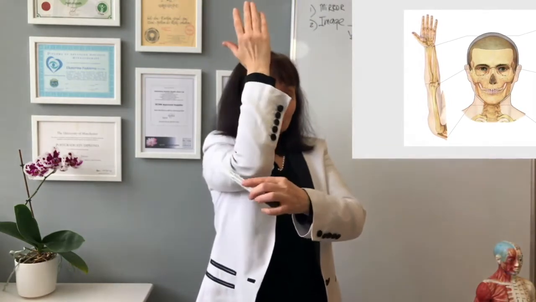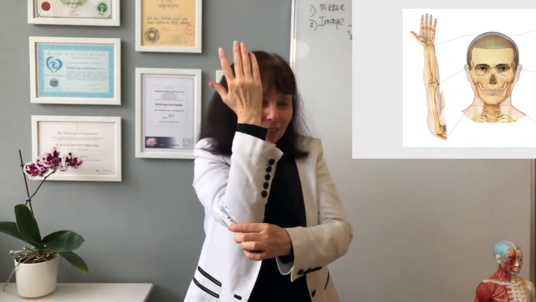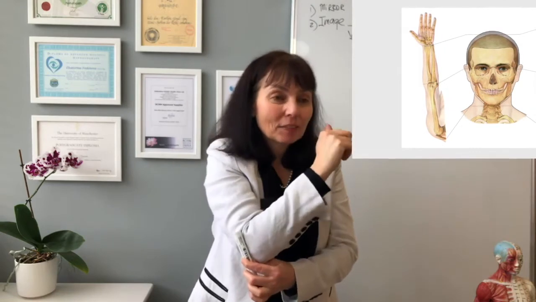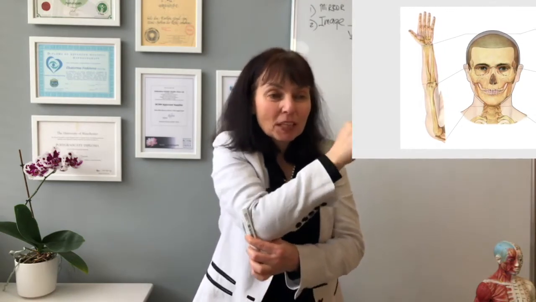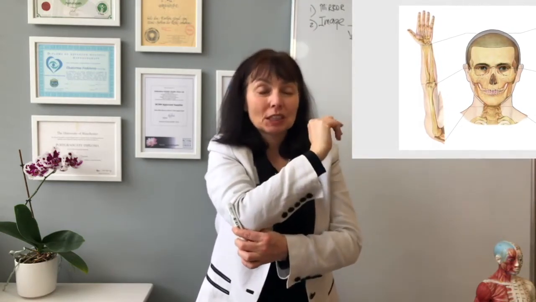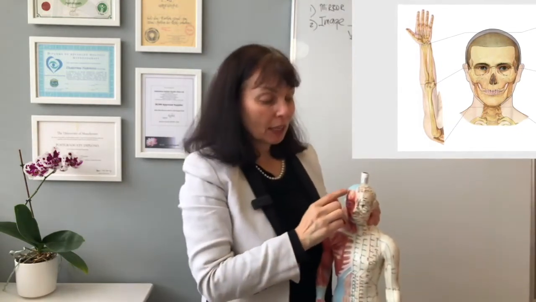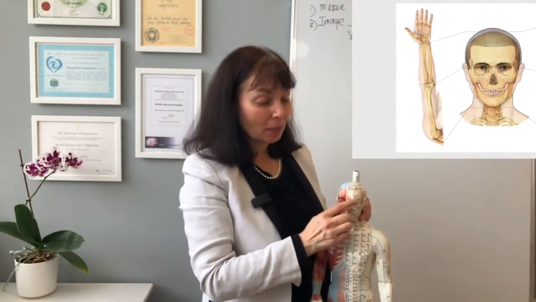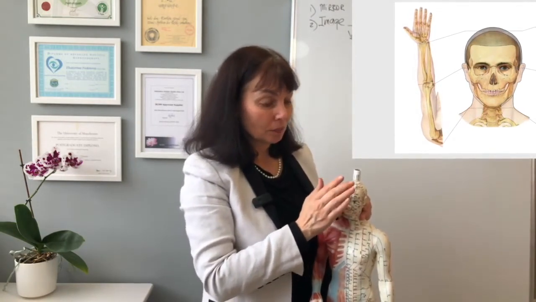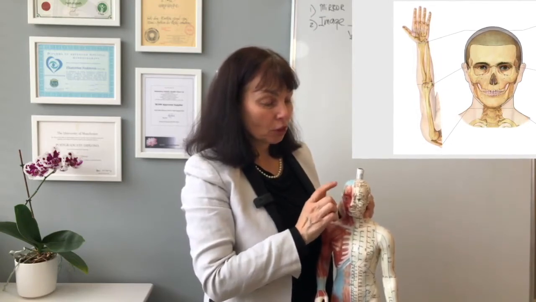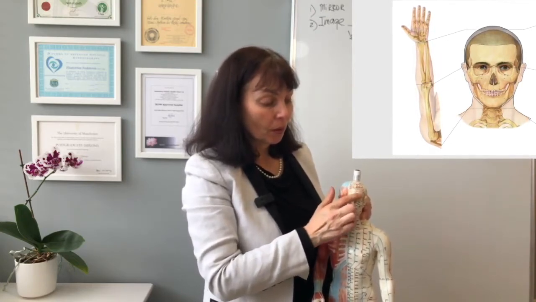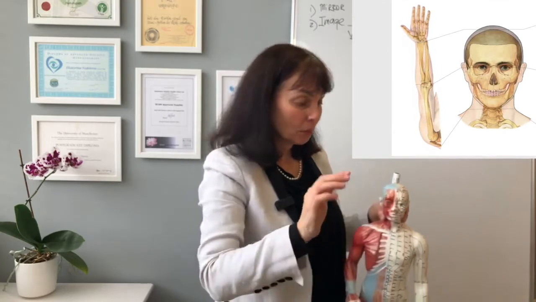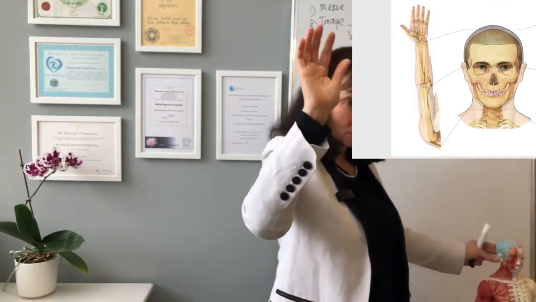Where the eyes are? On the level of Large Intestine 11. That's why Large Intestine 11 is one of the best, star points to treat eye disorders. If we treat any pains or dysfunctions on the top of the head, we can treat the upper part of the arm.